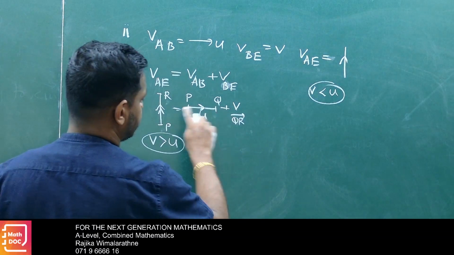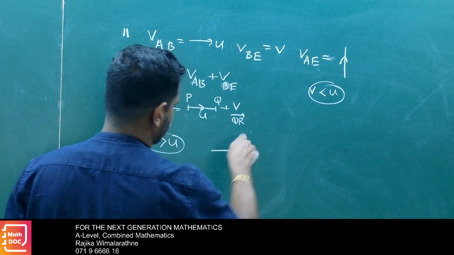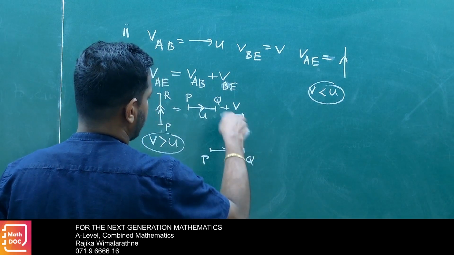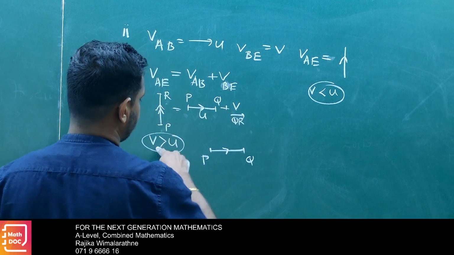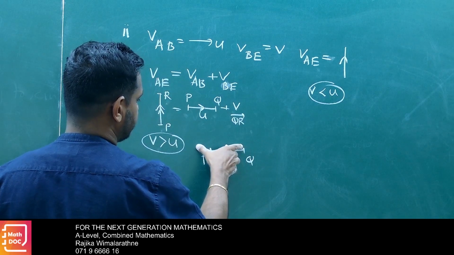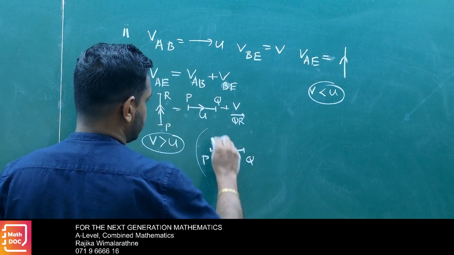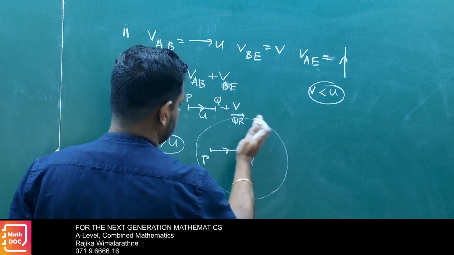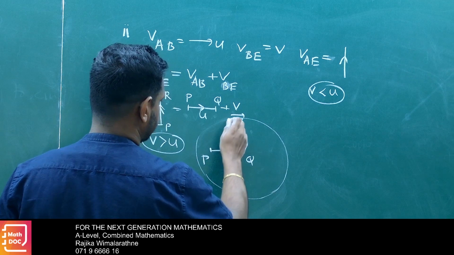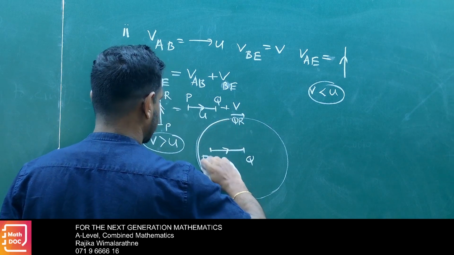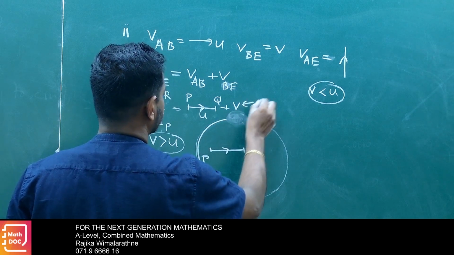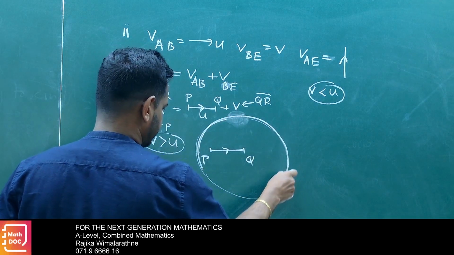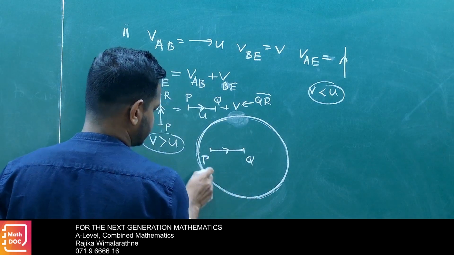Then sketch the PQ vector. Here this is PQ. Then the QR vector, magnitude V, V value greater than U, so it exceeds this P point. No? Then Q center, V radius circle. Sketch the circle properly, carefully.